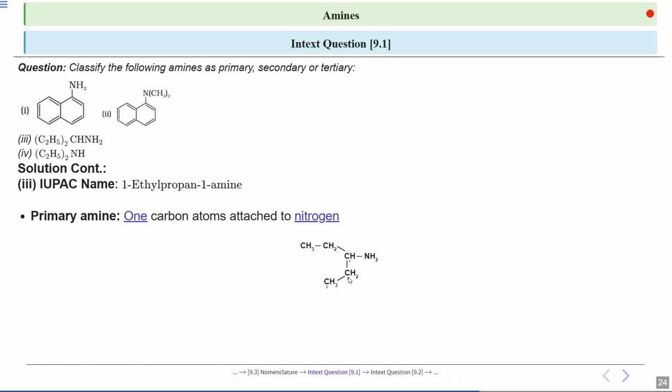I did the numbering 1, 2, 3. Now at position one there is one ethyl group. So 1-ethylpropane-1-amine. The E of this alkane is replaced by amine, and this 1 indicates the position of this NH2 group. So this is 1-ethylpropane-1-amine, and this is a primary amine.